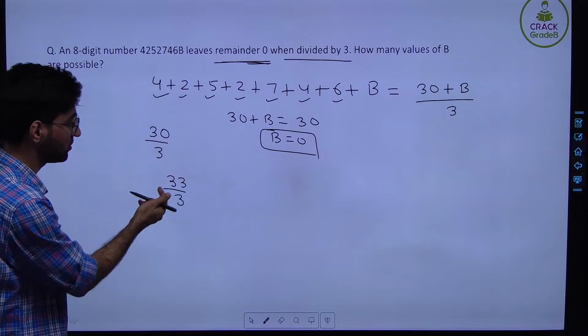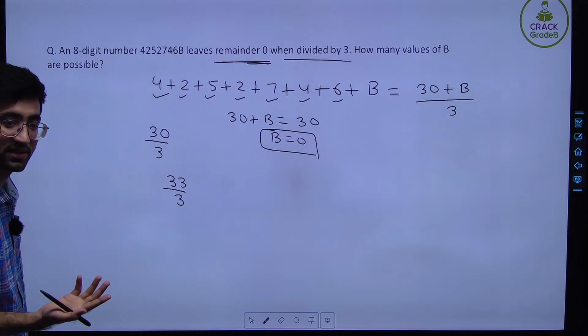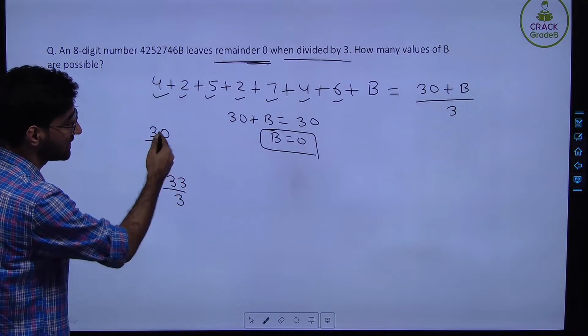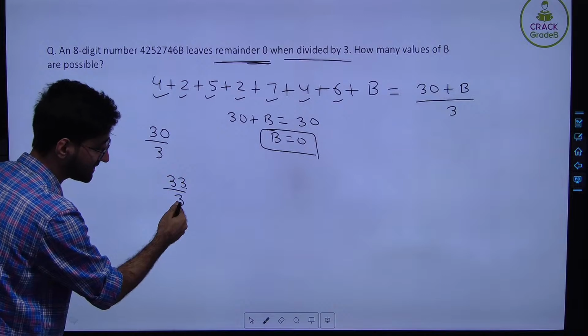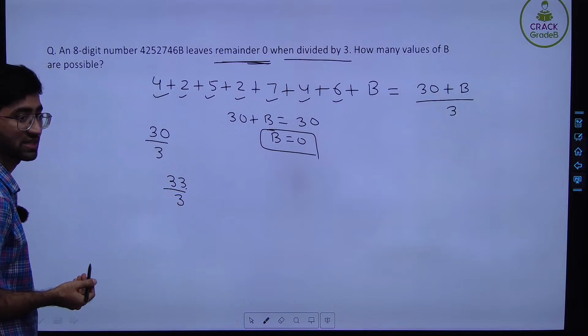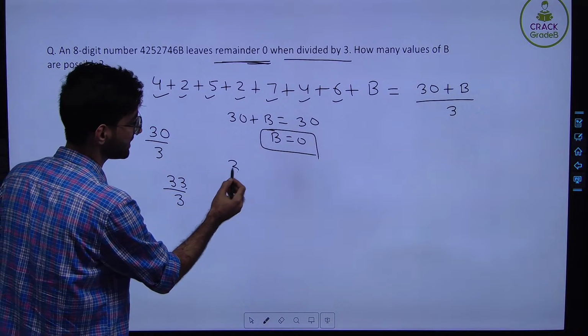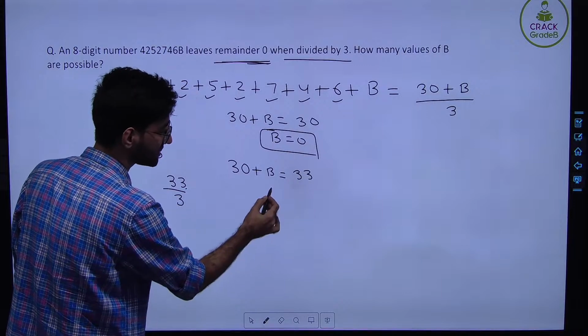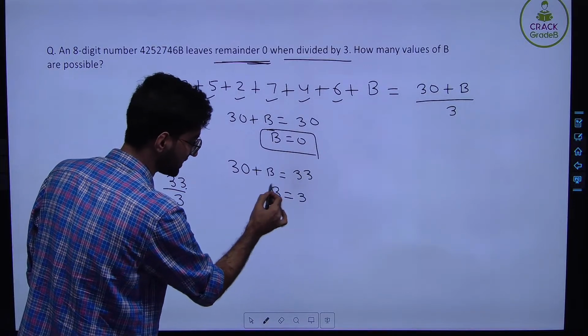After 30, what is the next number that is divisible by 3? 33. So now you will have to think about 33. It means 30 plus b equal to 33. So obviously b equal to 3, right?